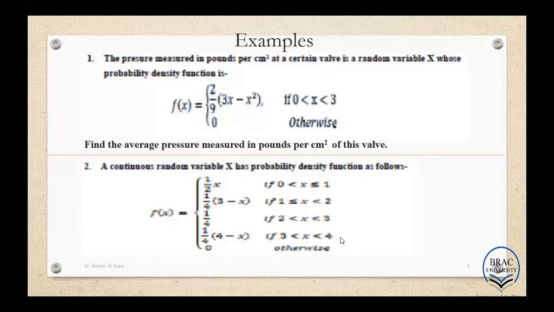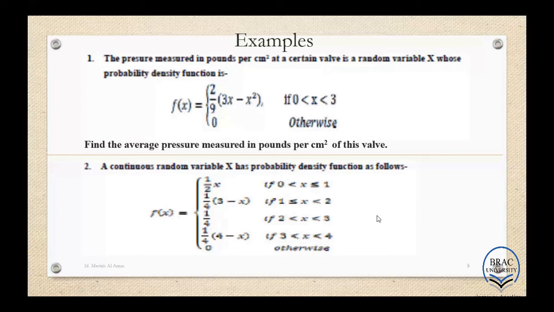Similarly, if we want to find the average of x, then the same formula: expected value of x is the integration of x f of x dx, where the limit is from 0 to 4. But here we will split it into these 4 parts.